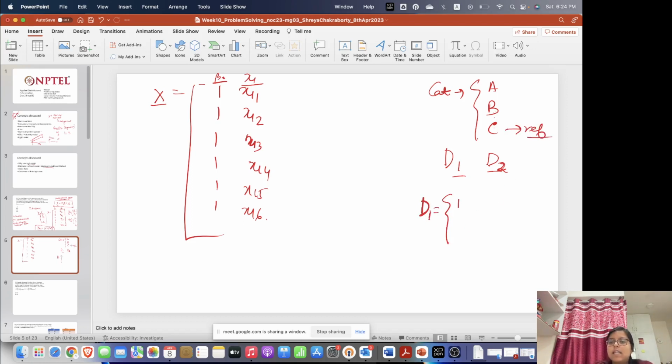D1 is 1 when we have category A, 0 otherwise. D2 is 1 when we have category B, 0 otherwise. Let's say the first observation belongs to category A, then we could write it as 1, 0. Let's say the second observation belongs to category B, then we could designate it as 0, 1.